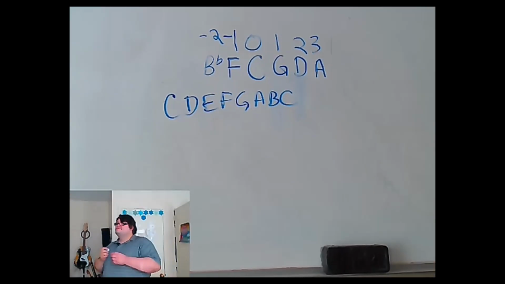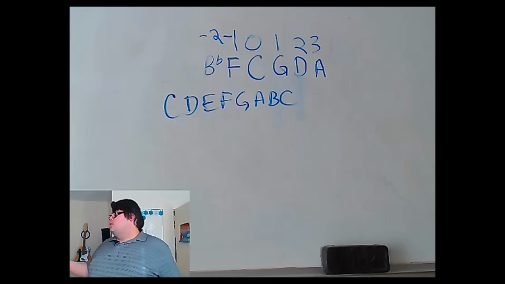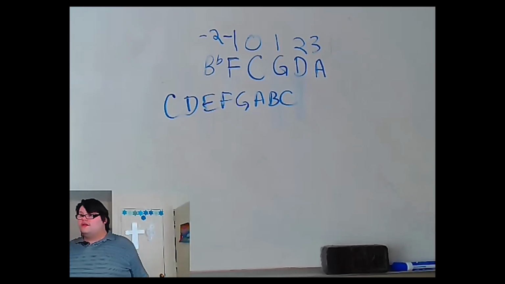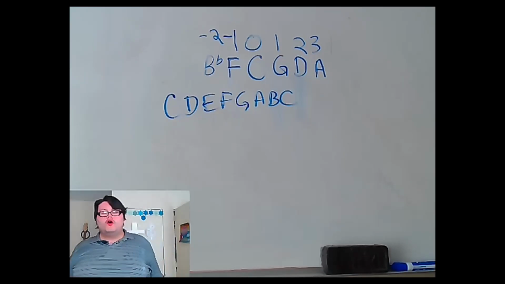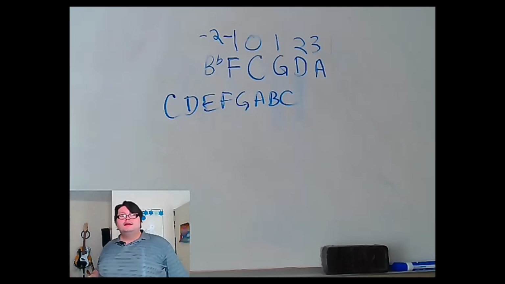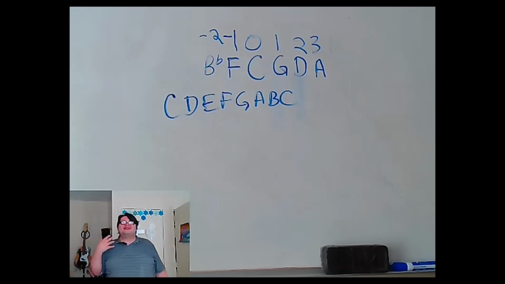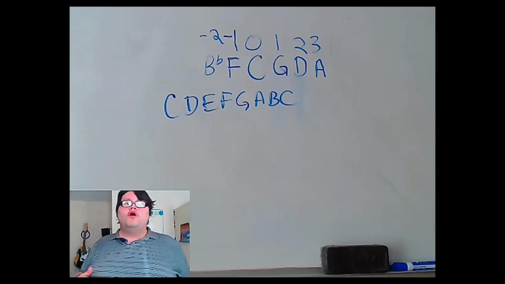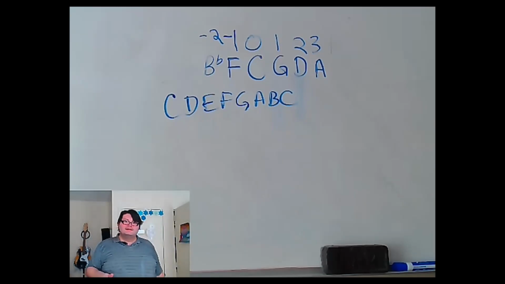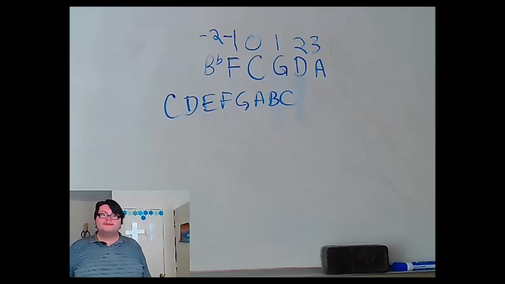So we're going to figure out what we go to next from F. Using the key of C, it's going to be a little bit interesting. You know how when we went a whole step behind to get to the next note?